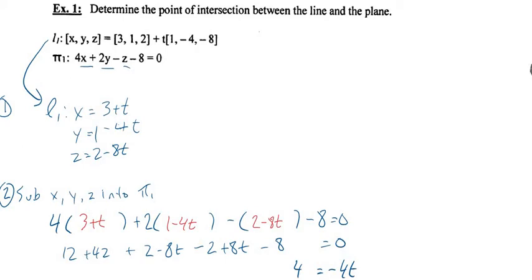Now, just like usual, we can use basic substitution principles to help us with this. And what you're going to notice is that with our parametric equations, we have an x, y, and z equation. And in our plane, we have an x, y, and z. And we know that if there is a point of intersection, those x, y, and z should be exactly the same numbers.